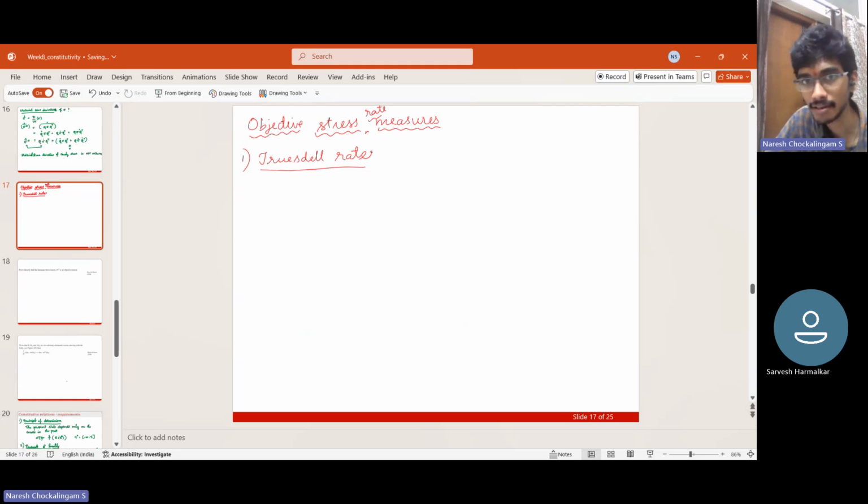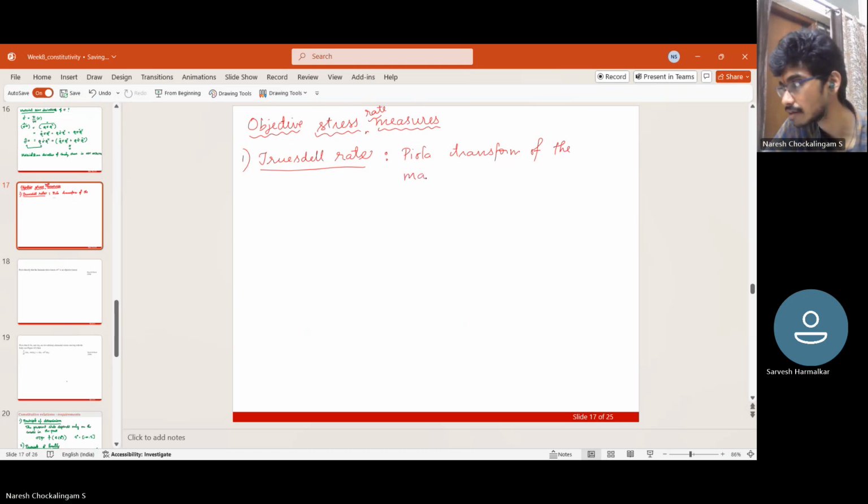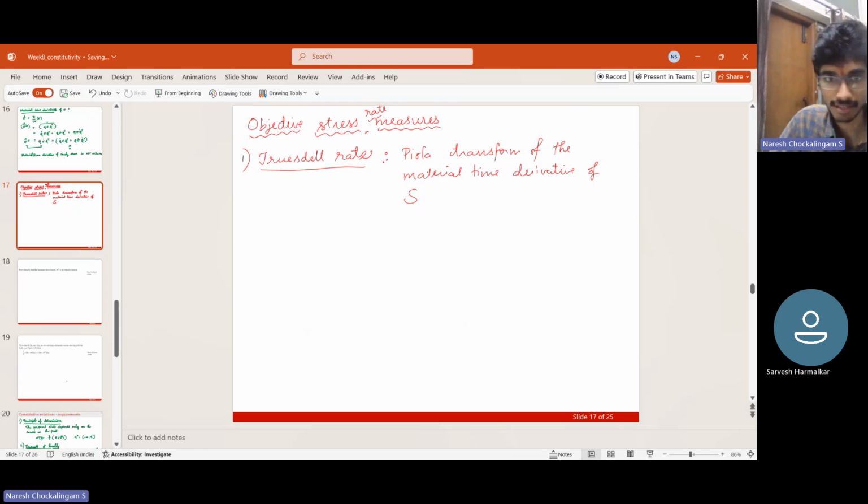It is defined as the Piola transform of the material time derivative of the second Piola-Kirchhoff stress tensor S. It is denoted by the small circle above sigma.